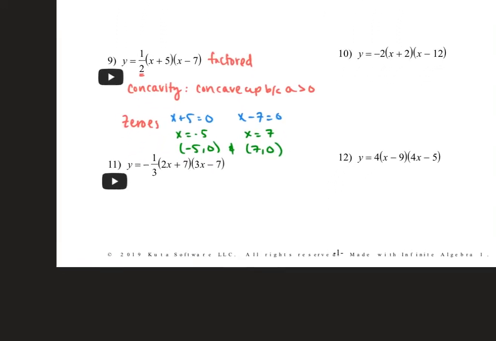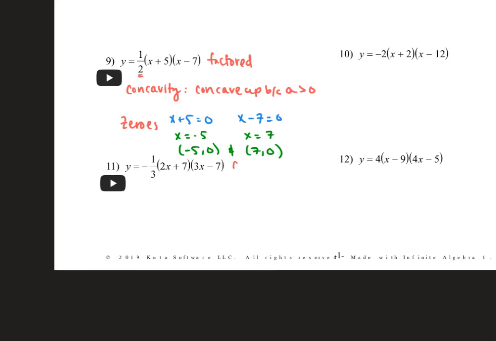Okay, number 11, also written in factored form. So we know the concavity and the zeros. So for the concavity, since A is negative, it's concave down. And then for the zeros, we're going to use zero product property. So 2x plus 7 equals 0, and 3x minus 7 equals 0.